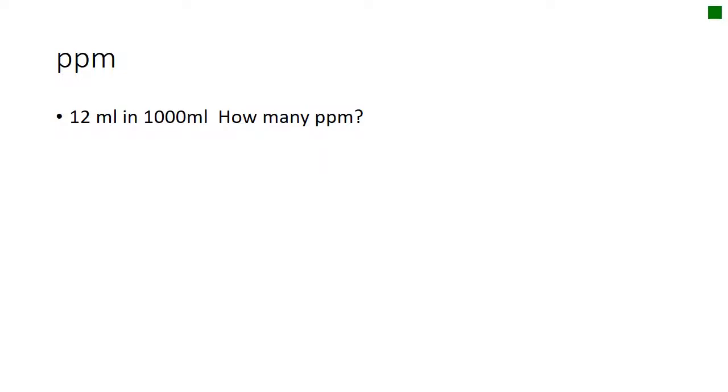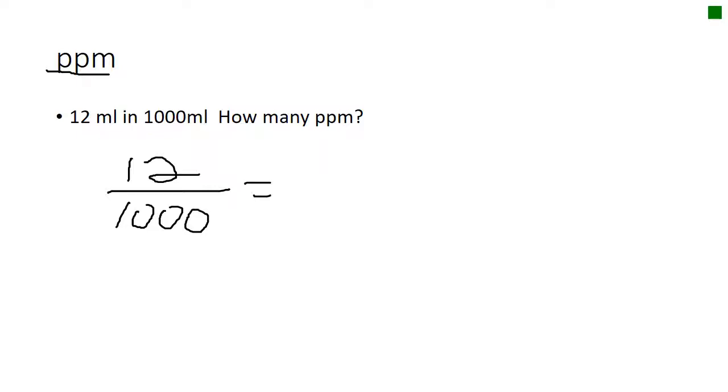Okay, parts per million. This is how we communicate and measure the amount of toxic substances in a given area, right? So how do you calculate this? You'll have to remember how to do this because you're not going to get this formula on your sheet, right?